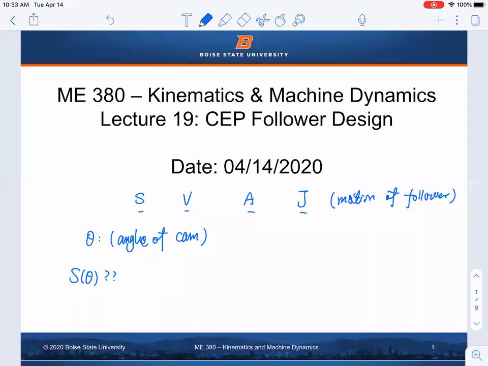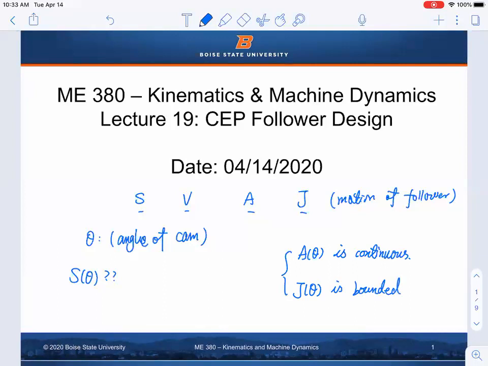So that's what we want to find. And then there are a few design requirements. The first one is A(theta) is continuous. Last lecture, we discussed that we don't want a discontinuity in your acceleration, because once there is a discontinuity, you're going to have an impact force between your cam and follower. This impact force is going to damage the contact surface. So that's one thing. Your A(theta) should be continuous, and your J(theta) should be bounded.